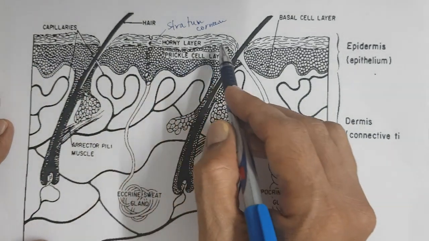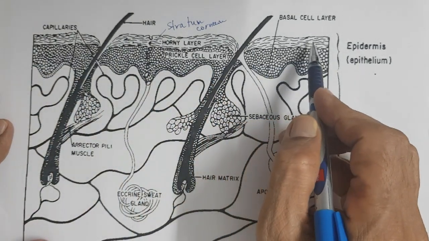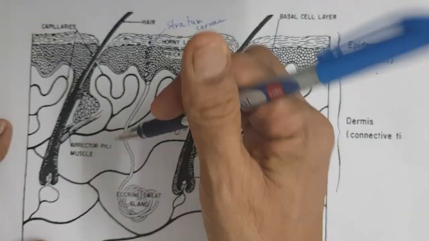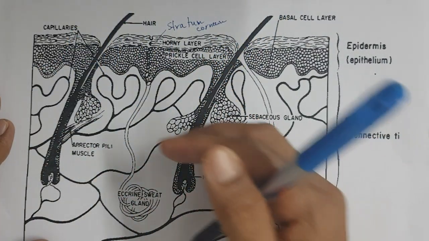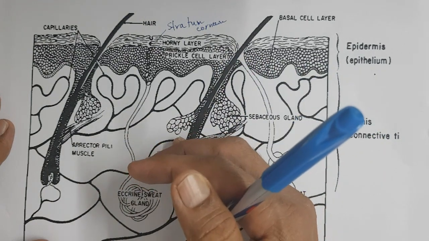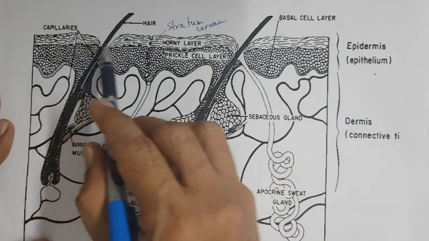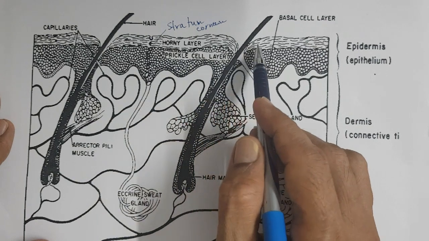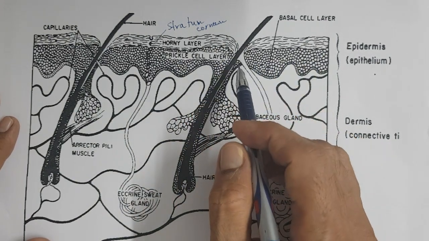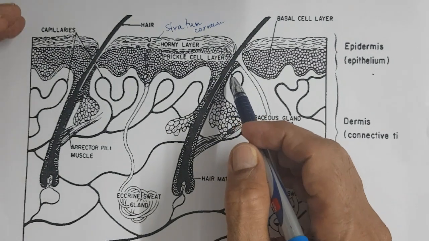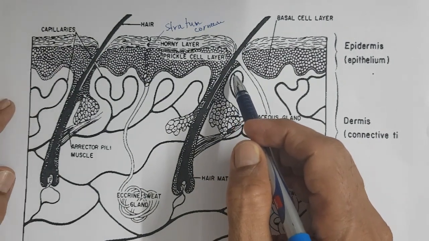This layer is made up of dead cells. It's not live, while the inner layers are all live, with a lot of blood circulation and blood supply. So it's the protective layer to the skin, right?